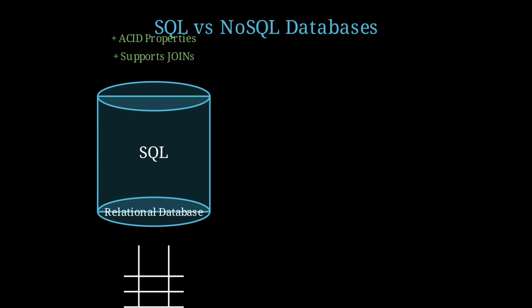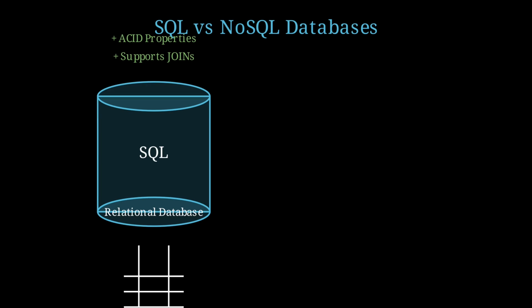I already made a brief video on the ACID principles, so please go through it, it will resolve all your doubts. Atomicity, consistency, isolation, and durability, all these properties were discussed in detail. These ACID properties are supported by SQL databases.